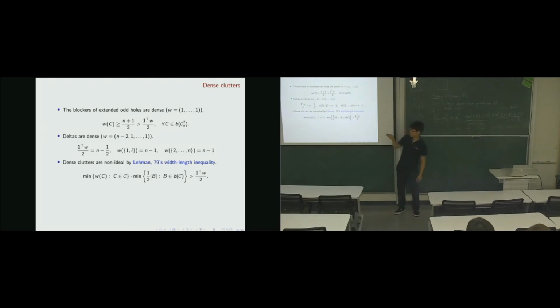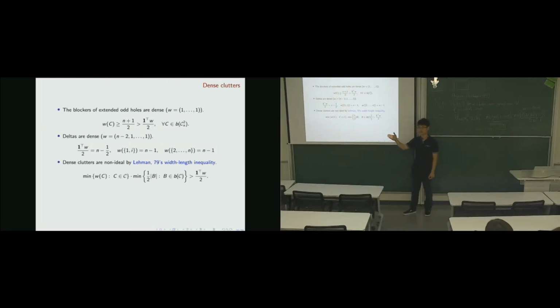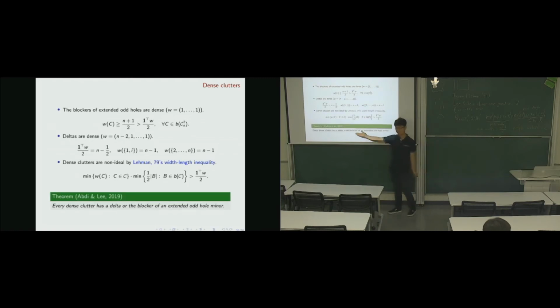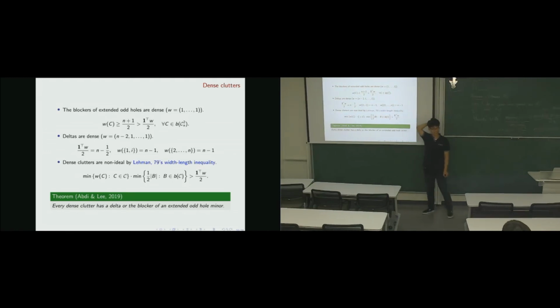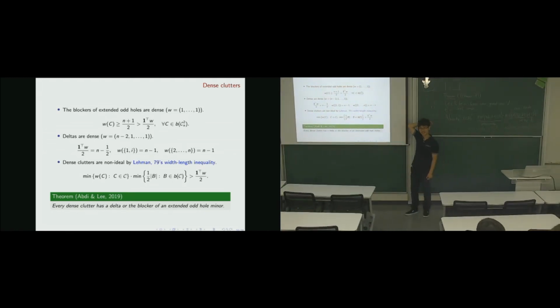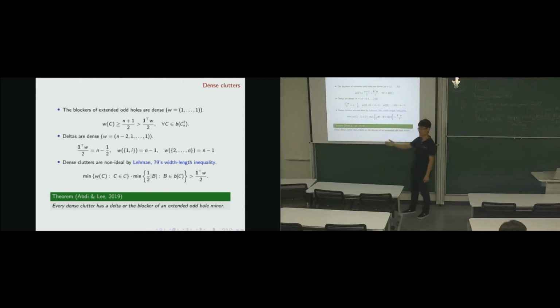So if you define dense clutters, I know that they are non-ideal. But I can actually prove more. Every dense clutter has one of these as a minor. Okay? And remember that all minors of an ideal clutter are ideal.